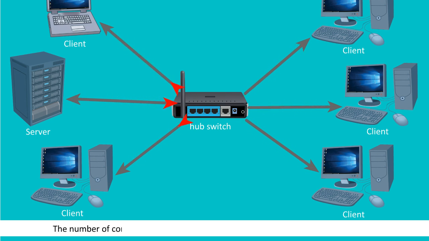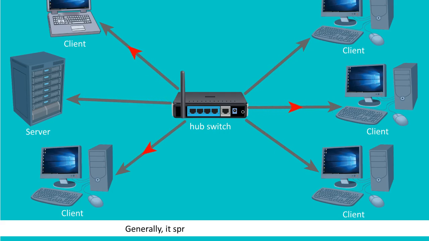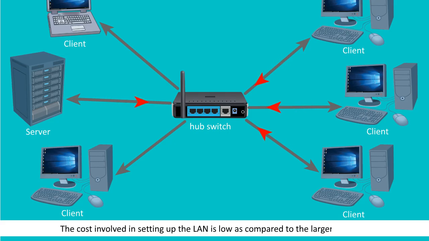The numbers of computers in a LAN can vary from 2 to several hundred computers. Due to the small geographical area covered by LAN, the communication speed is faster. Generally, it spreads in the area of 0 to 10 kilometers. The cost involved in setting up the LAN is low as compared to the larger network.